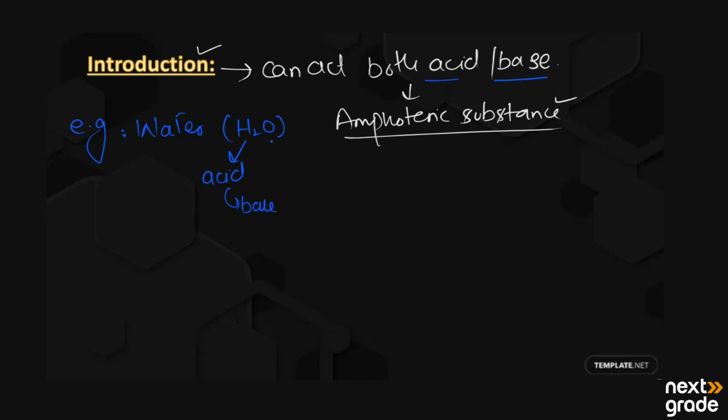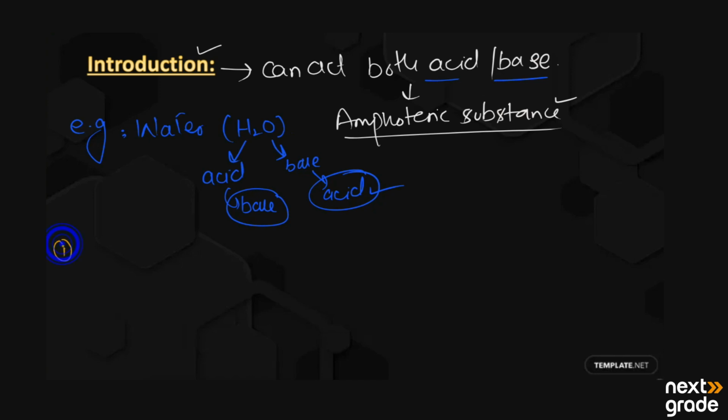But when we treat the water with a base, then it acts like an acid. That's why when it acts like a base as well as an acid, it is known as an amphoteric substance.